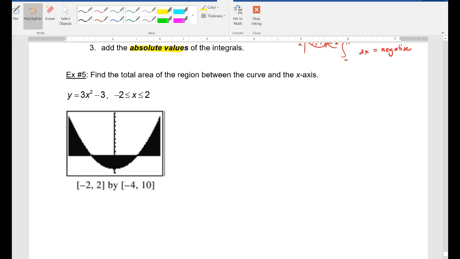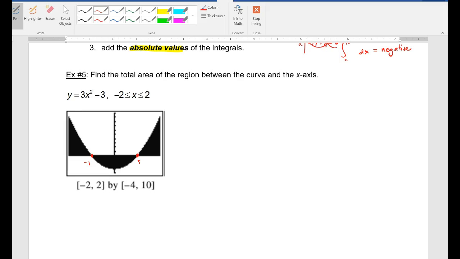So in this example, we have a parabola, and we want to look specifically from -2 to 2. Here and here, at -1 and at 1, that region is going below the x-axis.